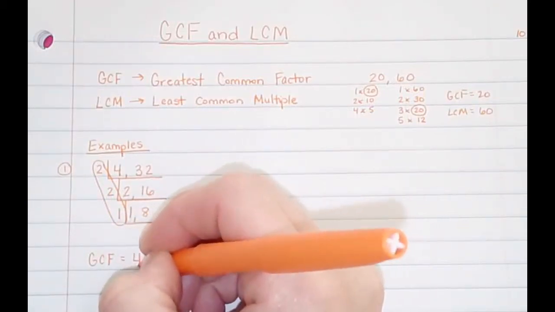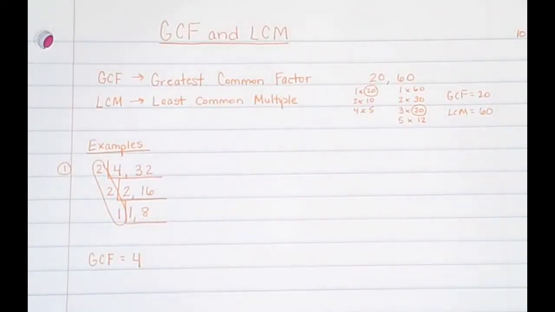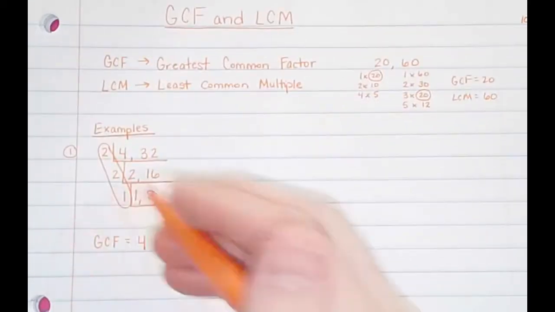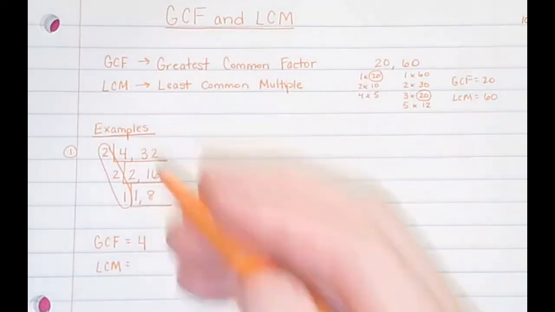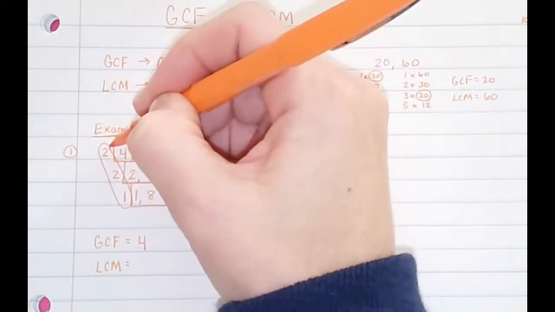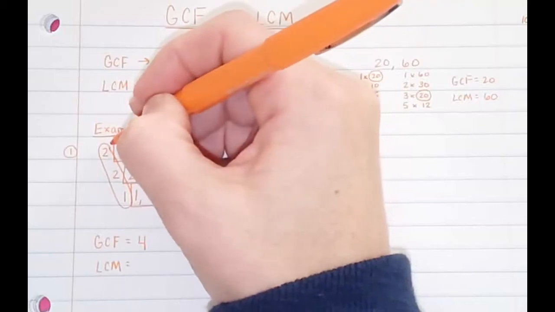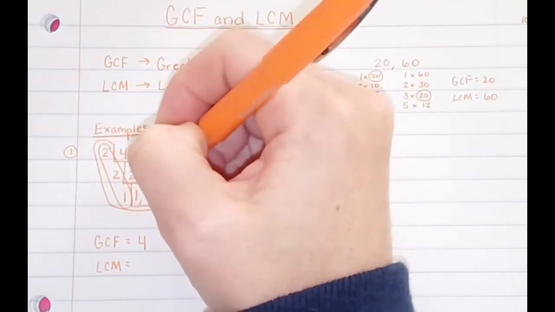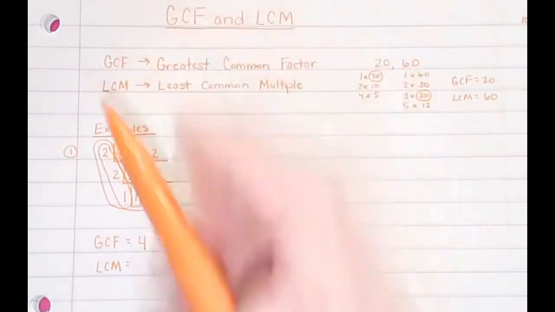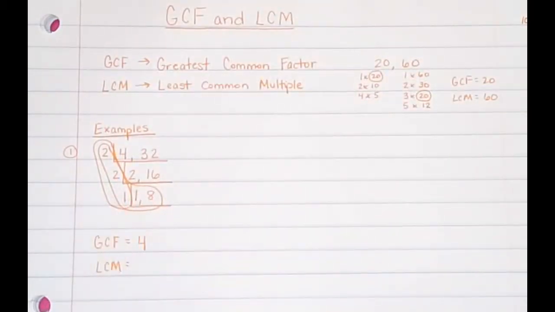For LCM, you use the exact same birthday cake, except now you multiply the side and the bottom. It literally forms an L, like LCM. So 2 times 2 is 4, 4 times 1 is 4, 4 times 1 is 4, and then 4 times 8 is 32.